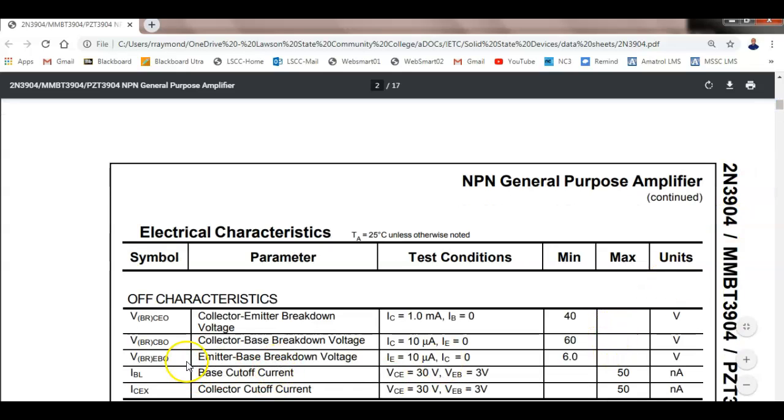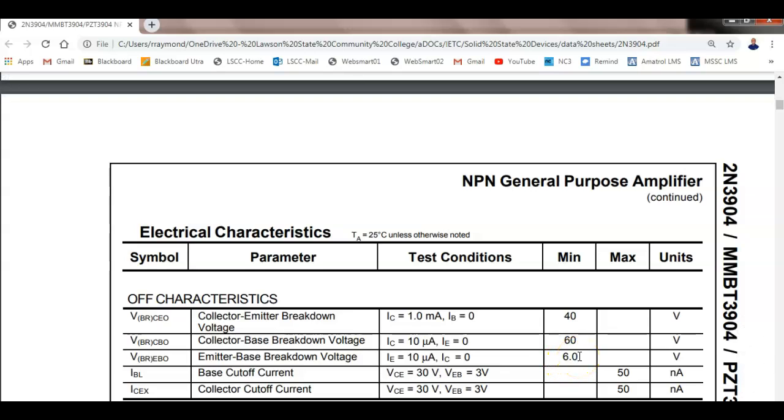So here's base to emitter, reverse bias is only what? You see what that says? 6 volts. So it means if I put more than negative 6 volts on my base, and I've got my emitter connected to ground, I could break that sucker over in the reverse direction, and there goes my transistor.